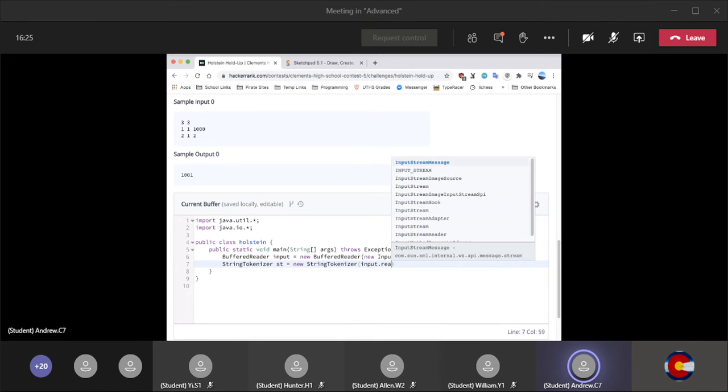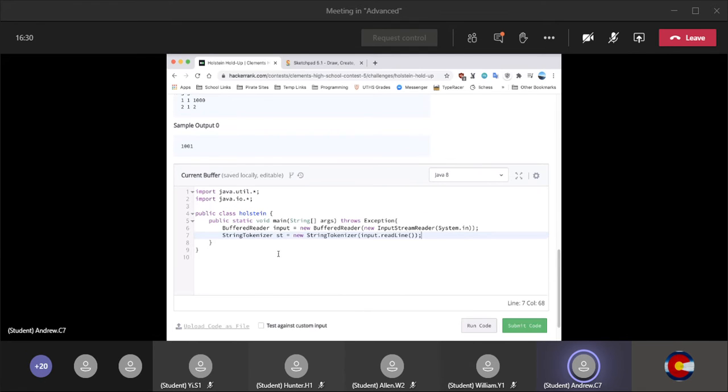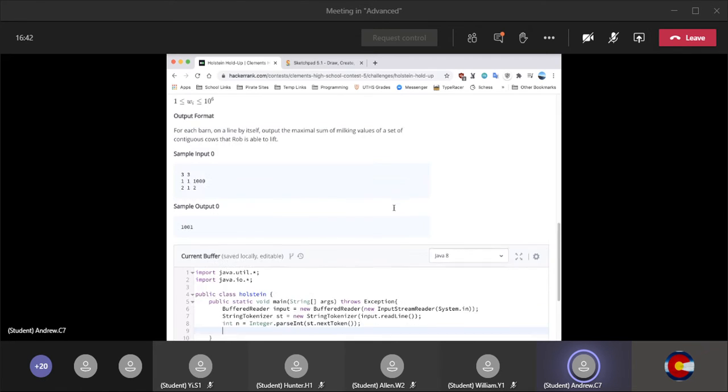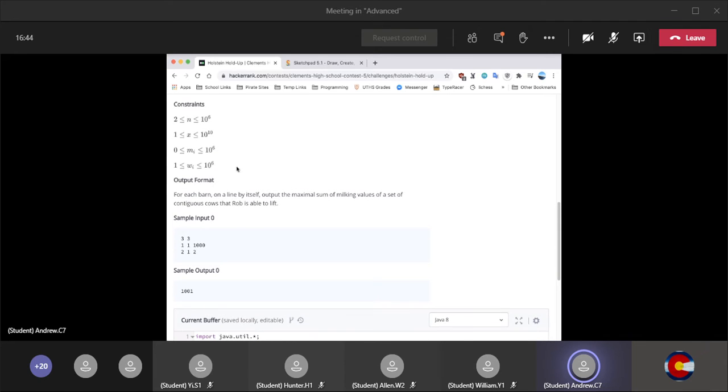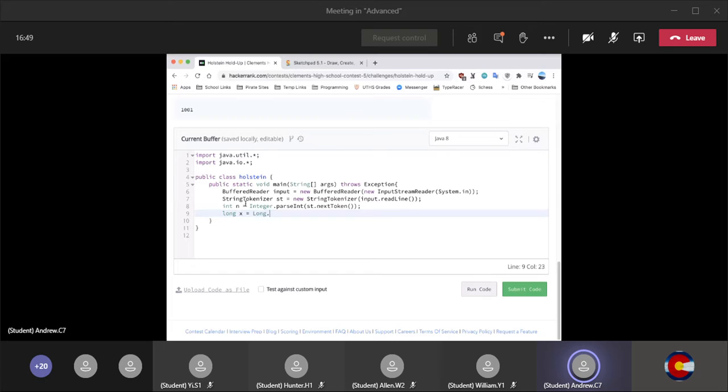This is just because the first line contains both n and x. So now let's see what to do next. First of all, let's create int n equals Integer.parseInt st.nextToken. Then next of all, let's look at x. Look at this max bound. It's pretty big. So let's do long x equals Long.parseLong st.nextToken.